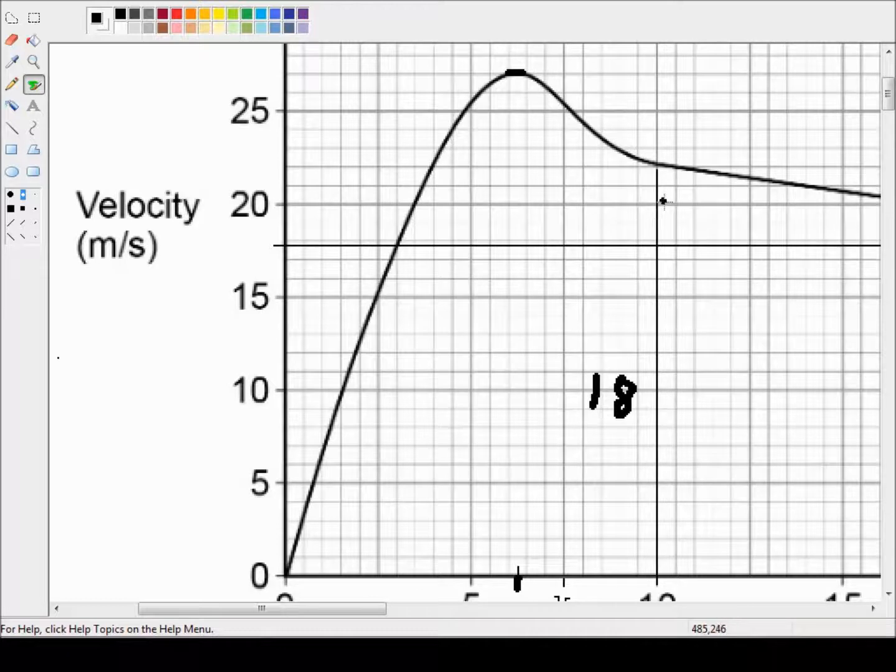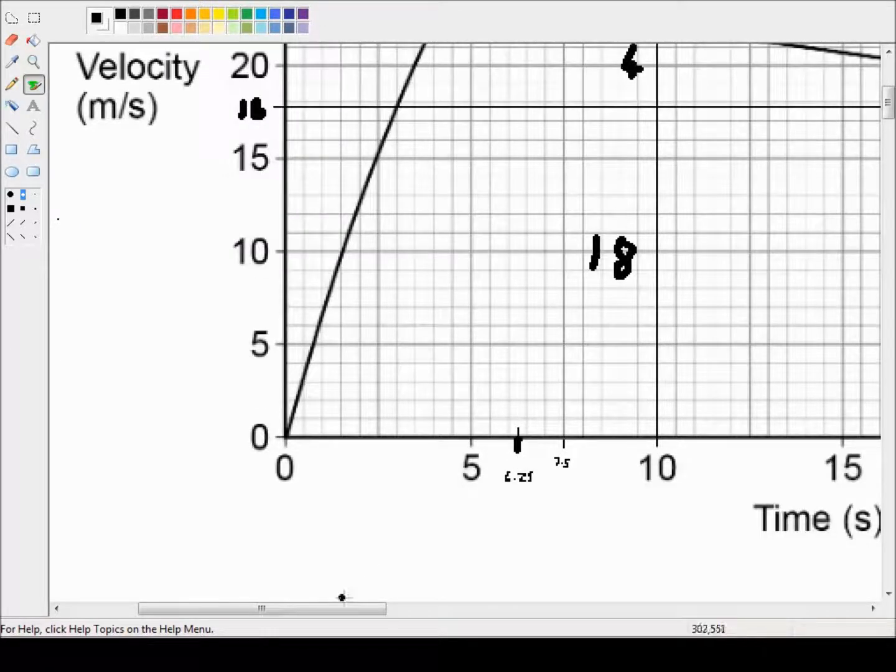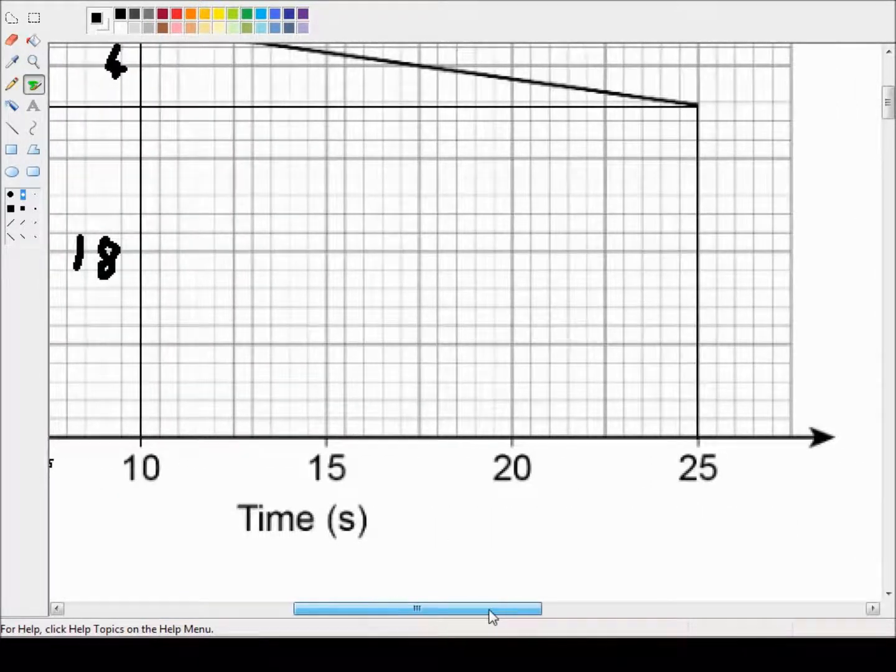And I'm saying there's 4 here, because that's 22. So if this is 22 and this is 18, 19, 20, 21, 22, so there's 4, so this is 4 units. And of course we know that this is 15 units across.